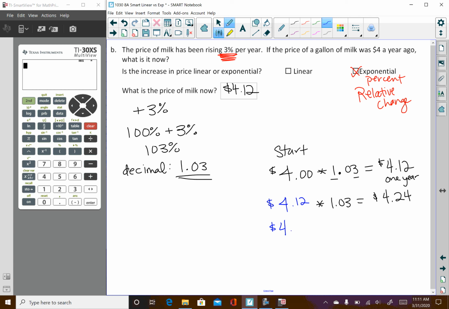So to get the next year, if you were doing 3 years, for example, you would start with your current price, $4.24, and multiply that by 1.03. That was year 2. For year 3, we start to see that change, not 12 cents anymore, $4.37. So you would just multiply by that decimal form each time for however many years you need to. Okay, so let's look at another one.